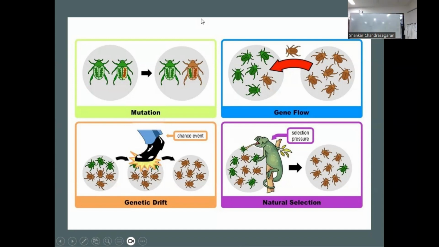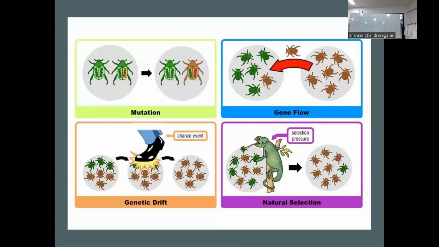First one is mutation, where there's a random permanent change within the DNA sequence of an organism, changing its phenotypes, changing its genotype and expressing a different genotype, and that's specifically if it's happening at a coding sequence.